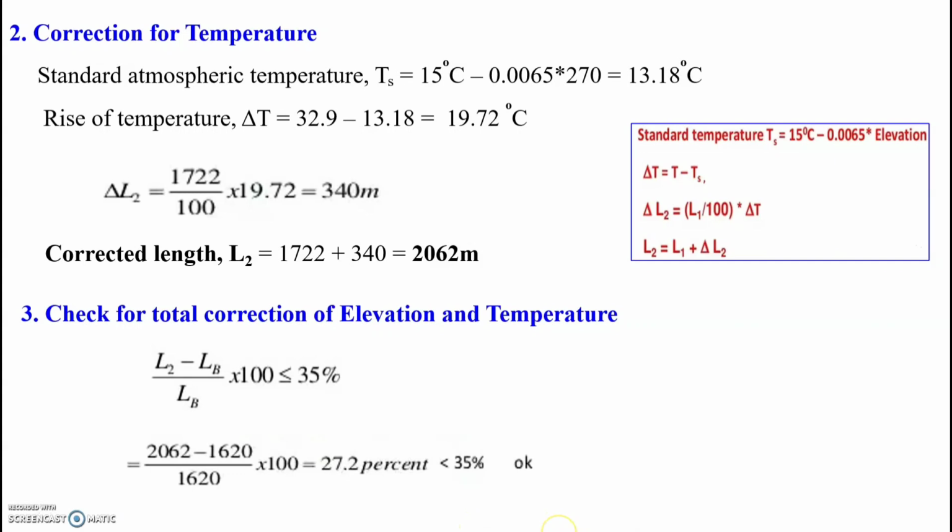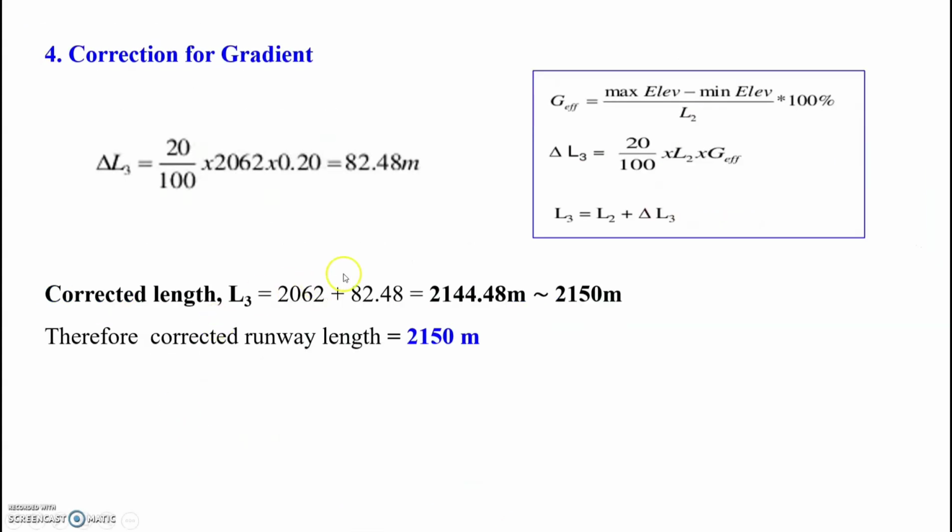Now moving on to the third correction, which is correction for gradient. Correction for gradient is given by delta L3. Delta L3 is equal to 20%. The runway length increases by 20% for every effective gradient.